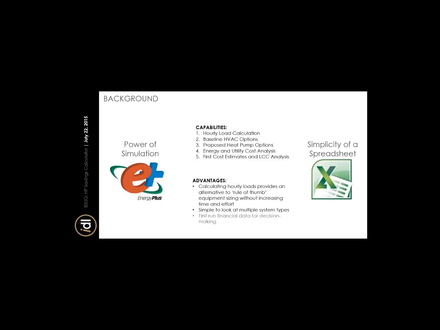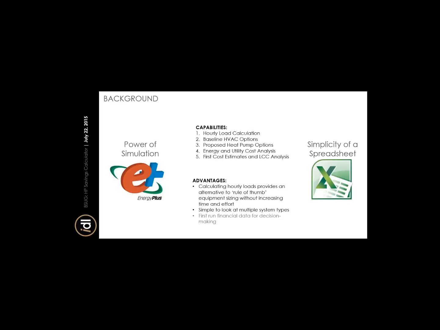So what we decided to do was take the power of simulation and put that into a spreadsheet as best we could. Our spreadsheet uses hourly load calculations, then it has baseline and proposed mechanical system options. It looks at energy and utility cost analysis as well as life cycle cost analysis.